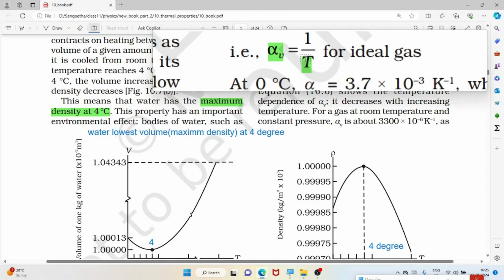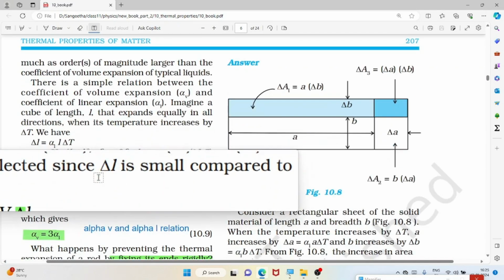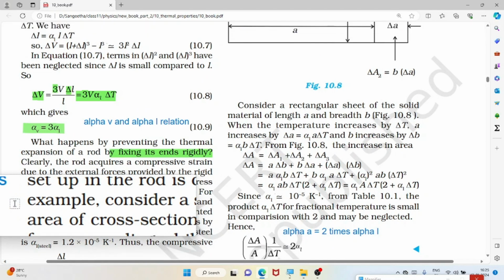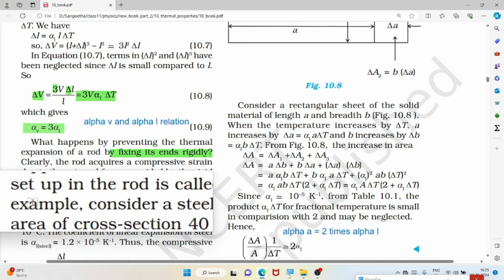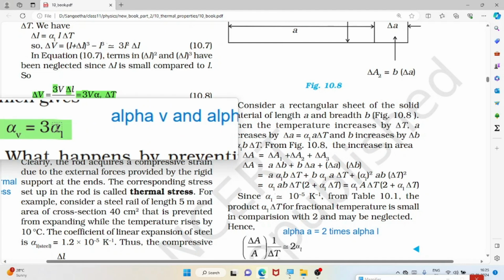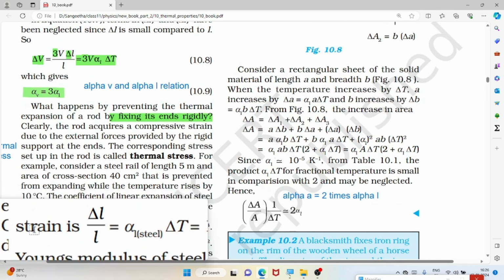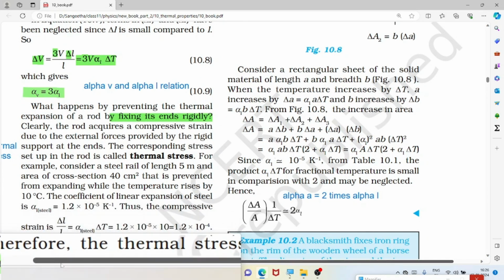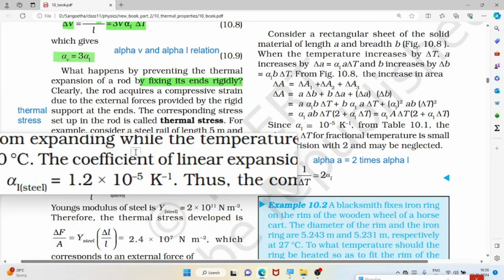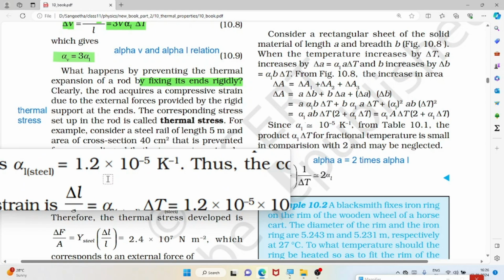The volume expansion coefficient is 3 times the linear expansion coefficient. Now, what happens when preventing the thermal expansion of a rod by fixing its ends rigidly?